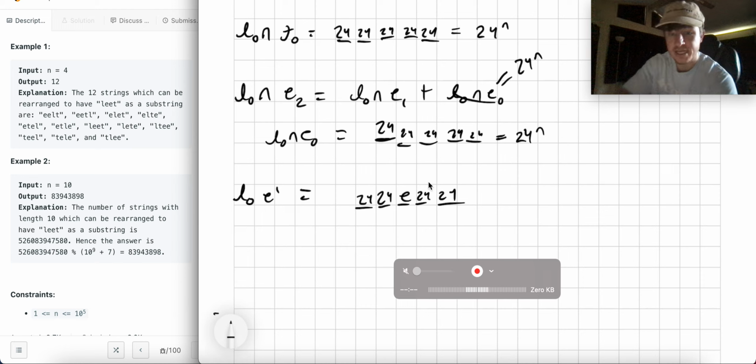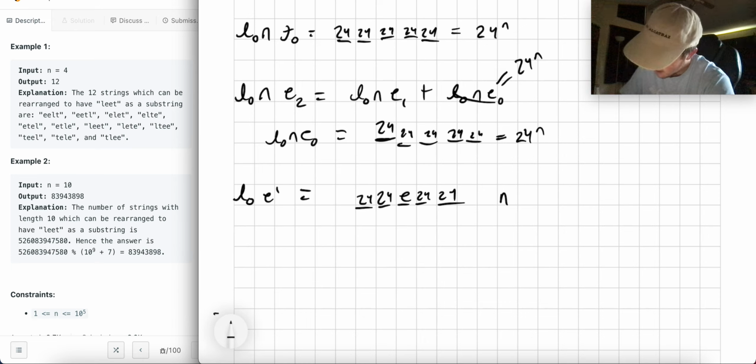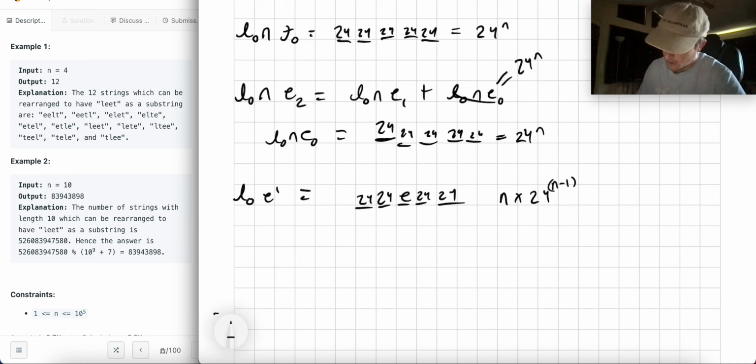And I can put E in any slot. So I can put E here, and the rest of these have to be 24. I put E here, and the rest of these have to be 24. So there's n ways, right? Because there's n places I can put E. And then there's 24 options, because I can't use an E in the remaining options, and I can't use the L. And there's n minus 1 remaining slots to do that. So then this is n times 24 to the n minus 1.